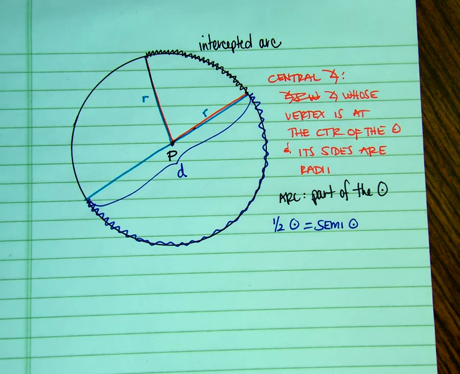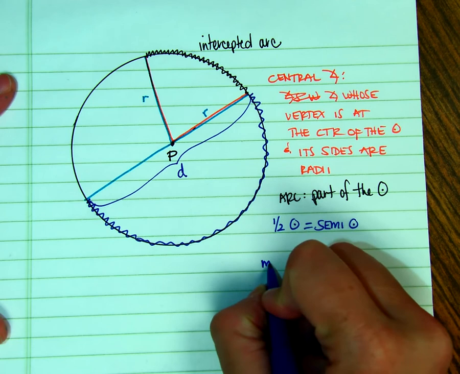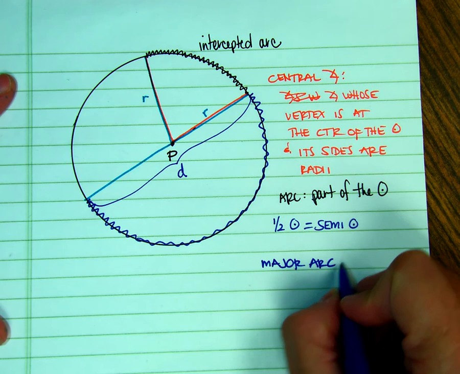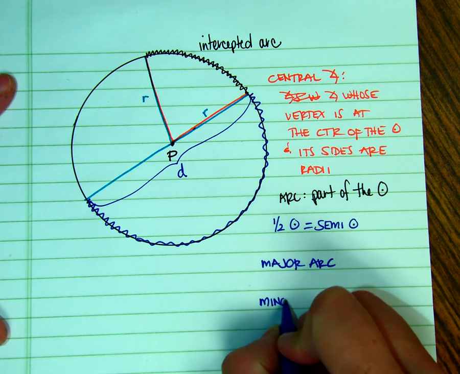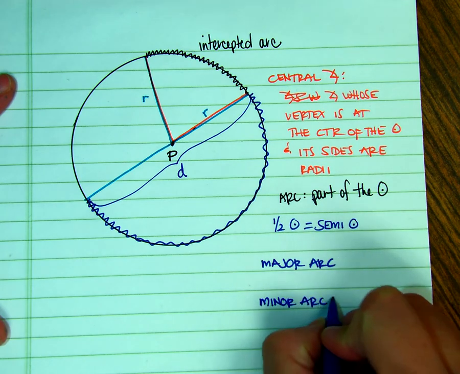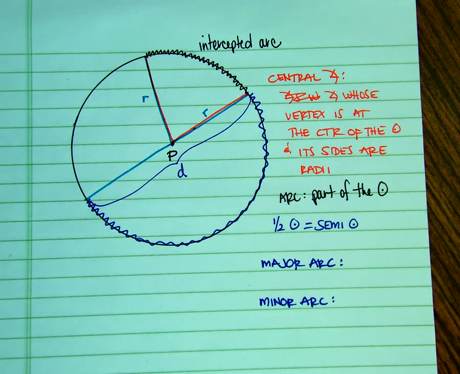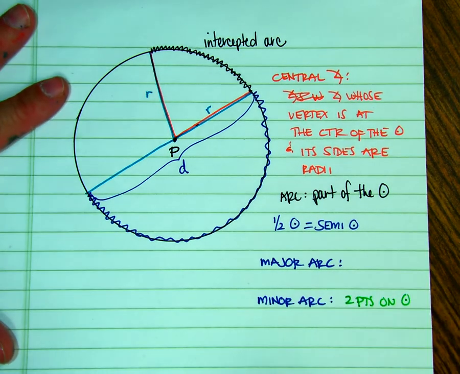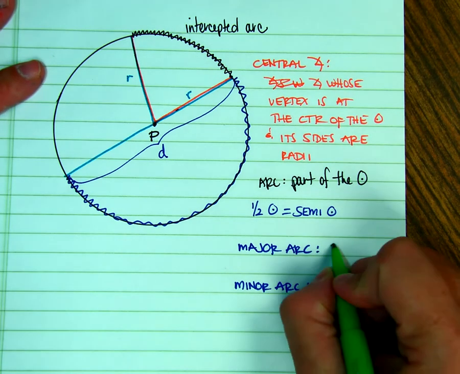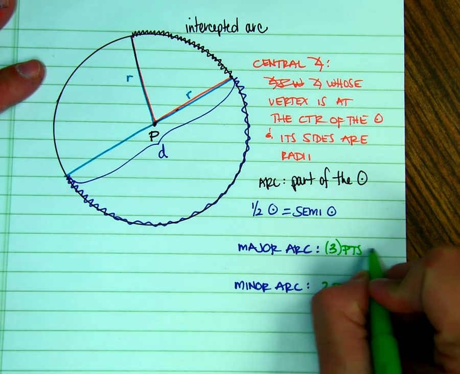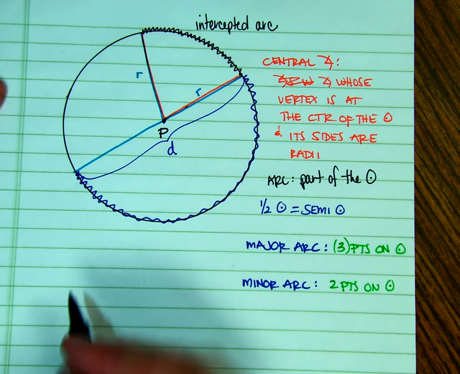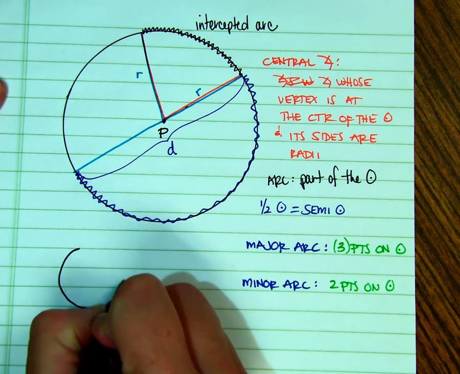And then we have different sizes of arcs. We have a major arc, and we have a minor arc. A minor arc is labeled with 2 points on the circle, and a major arc is labeled with 3 points on the circle.